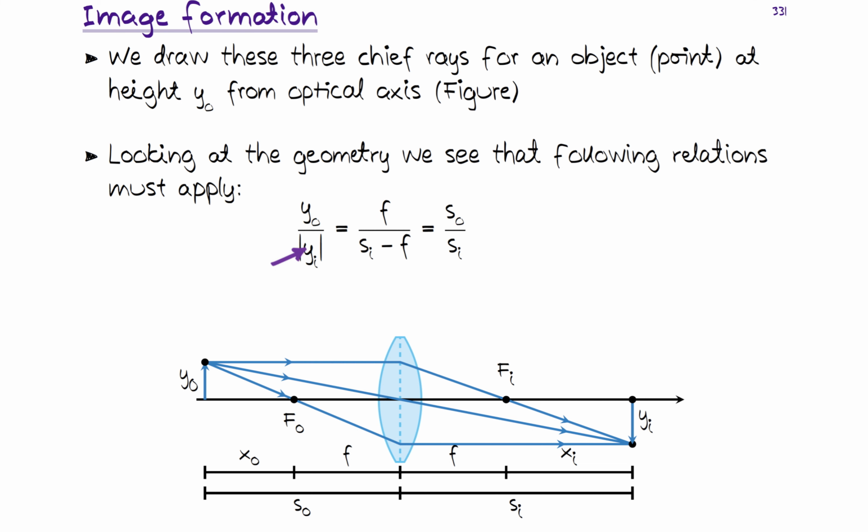Here maybe I should be drawing a triangle. So I have my side length SO, and my height yo here, and my angle here. And then I have another angle here with the height yi and the side length SI, and another angle.